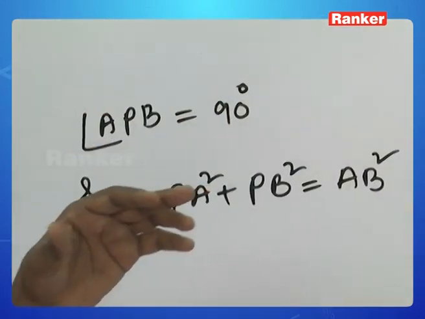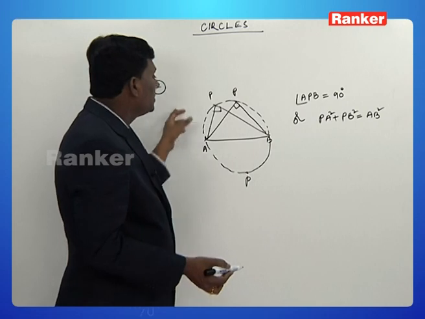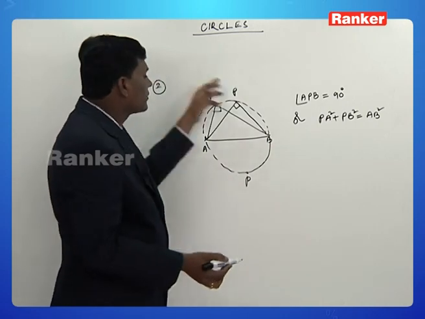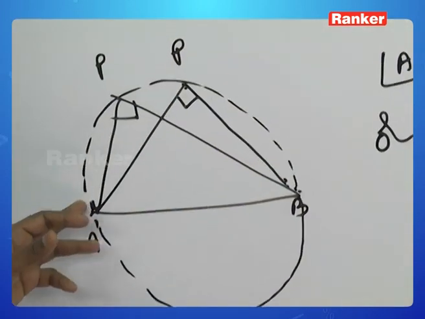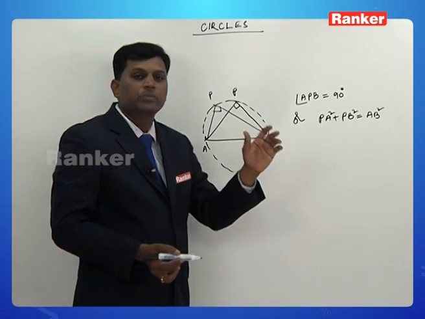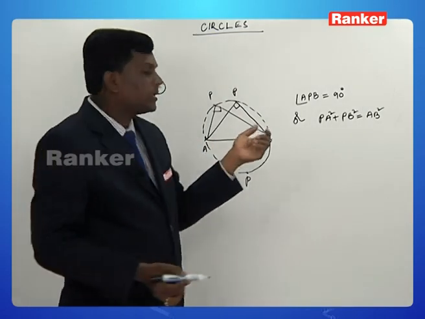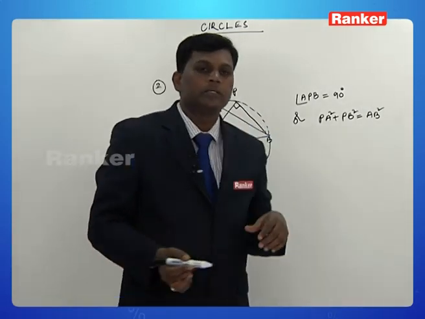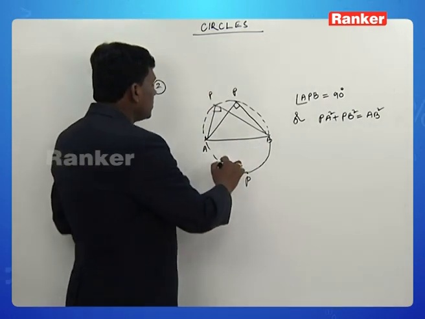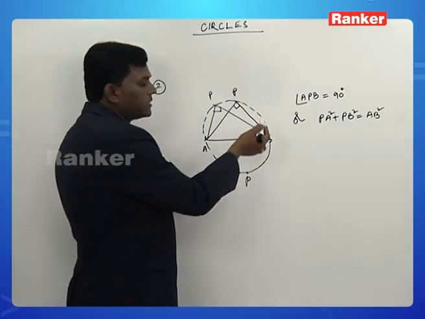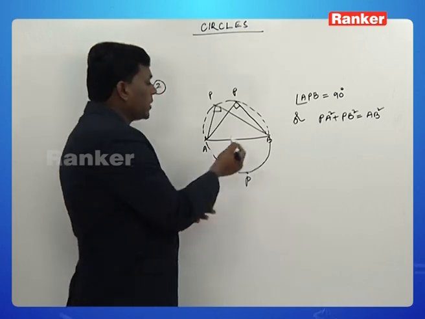A contradiction arises. So P can be taken anywhere on the circumference of the circle with AB as diameter, but we can't take P at the endpoints A and B.